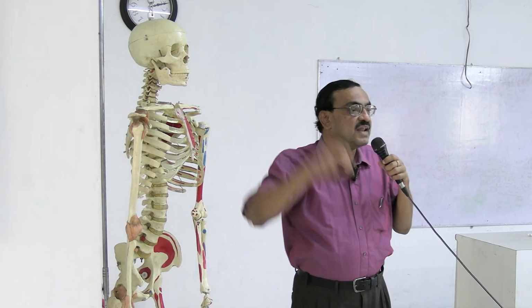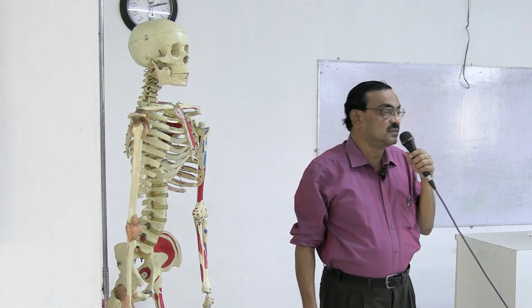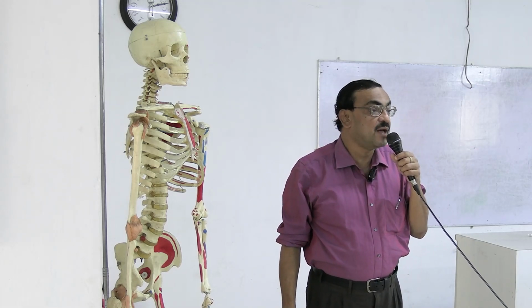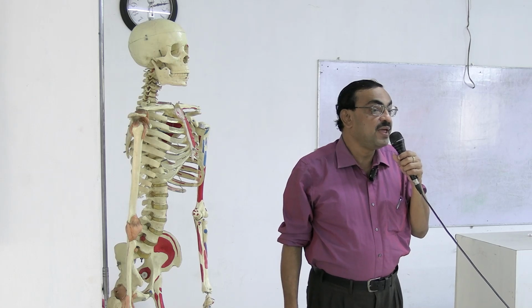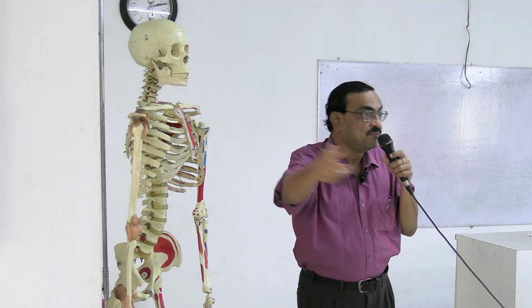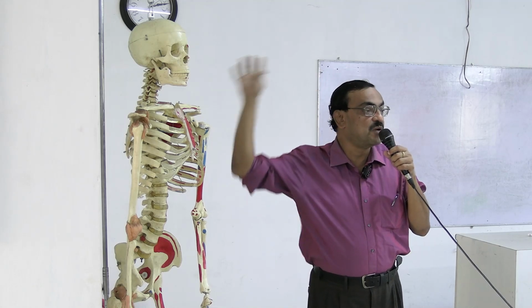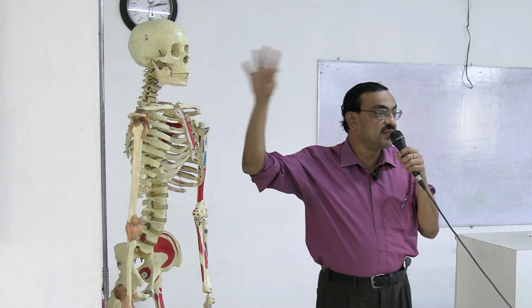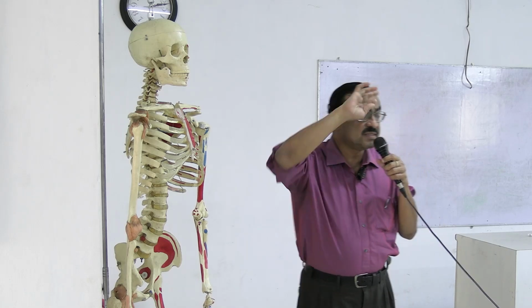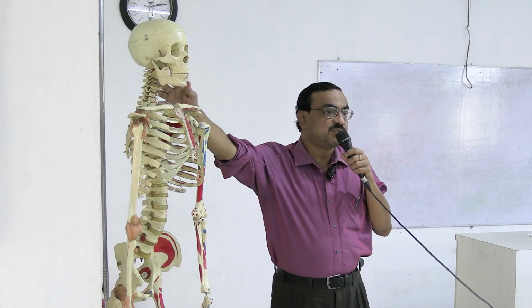So within the axilla we will get the branches of the brachial plexus, that means branches from the medial cord, branches from the lateral cord, and branches from the posterior cord. Brachial plexus in a nutshell, it is formed in the neck.